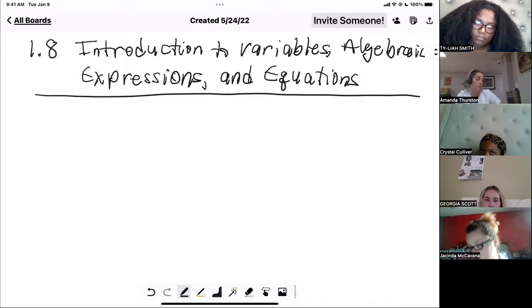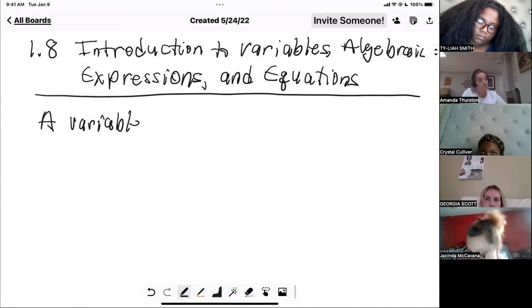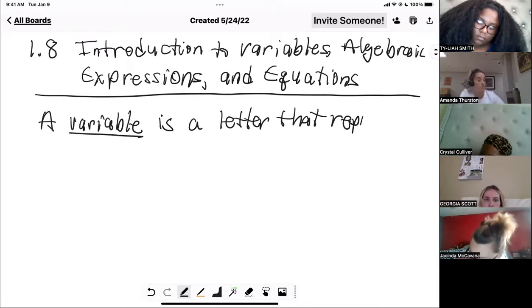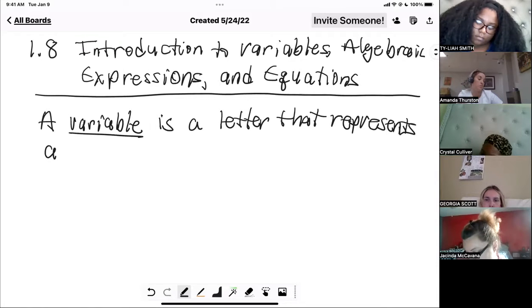Okay, so a variable is a letter that represents a numerical value.